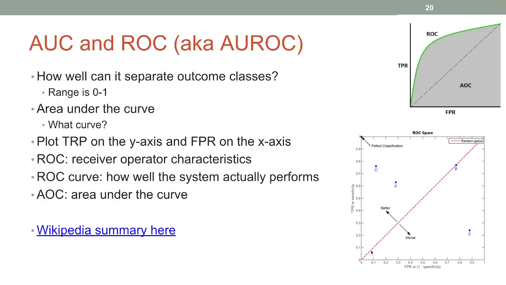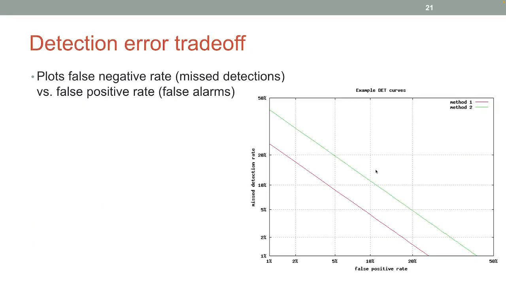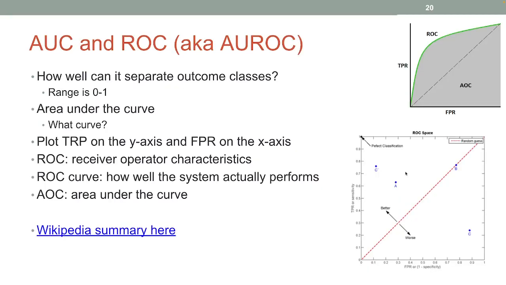Diagonal means that there are as many true positive outcomes as there are false positive outcomes. We want to be up in the top left triangle here. So system A and system C are doing pretty good. System C is doing the best because it has the highest true positive rate at about 0.75 and the lowest false positive rate at about 0.1. Anyway, that's C bar versus C. So the idea is that we want to minimize the false positives and maximize the true positives.